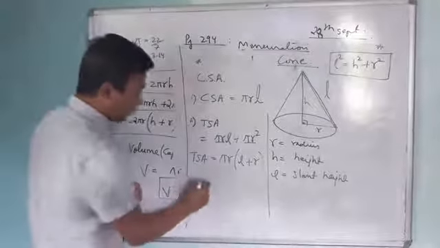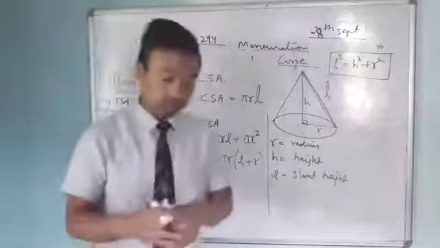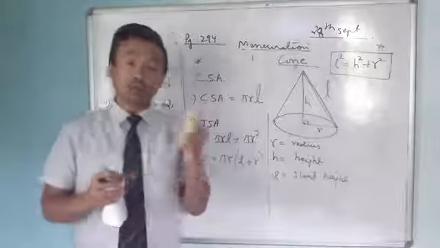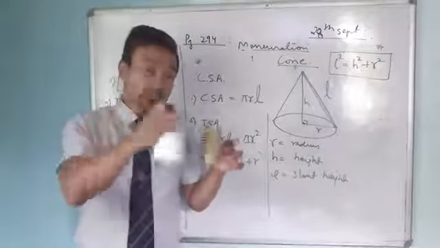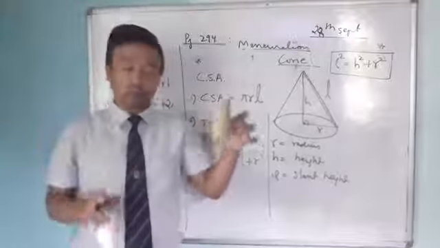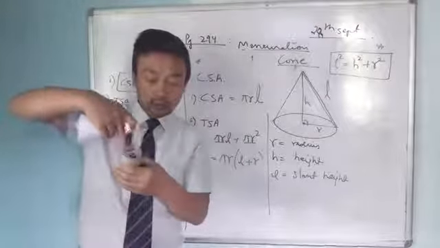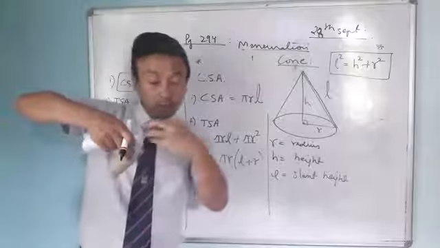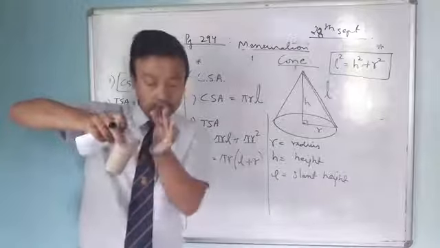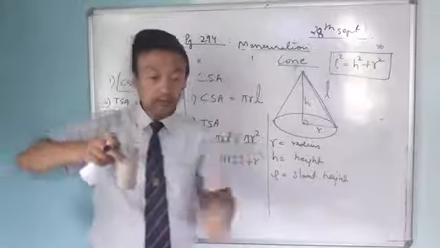Likewise, we have the volume. We have just learned that the volume of the cylinder is pi R square H. In the cone, one of the circles has been taken out, reduced to a point, so it is squeezed. Therefore one third is taken.